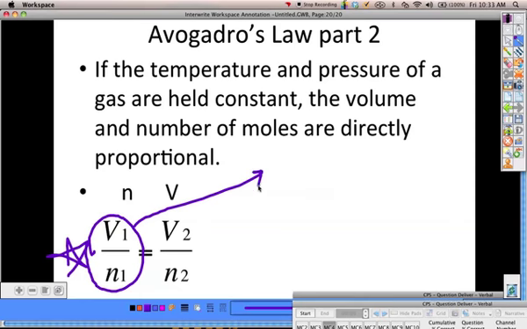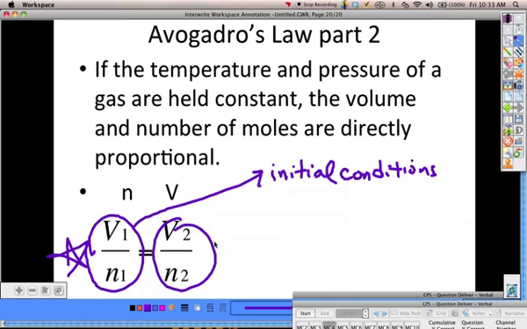The V1 is our initial conditions, and these are my ending or final conditions. You will always have 3 of these items, could be any 3 of these 4 items, and one will be an unknown. That's what you're going to be solving for.